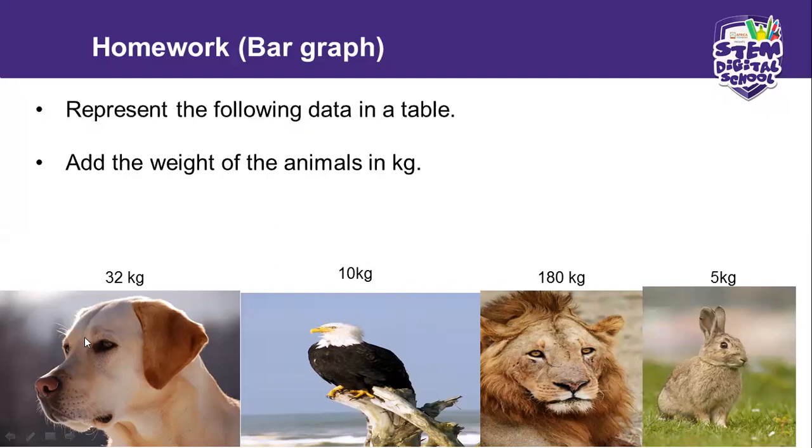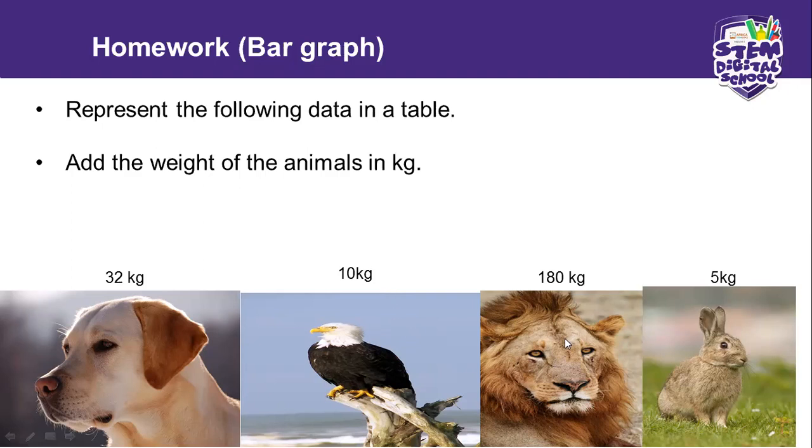So what I want you to do is that we can see that's a dog. And the dog weighs 32 kilograms. And this is an eagle. An eagle weighs about, on average, 10 kilograms.